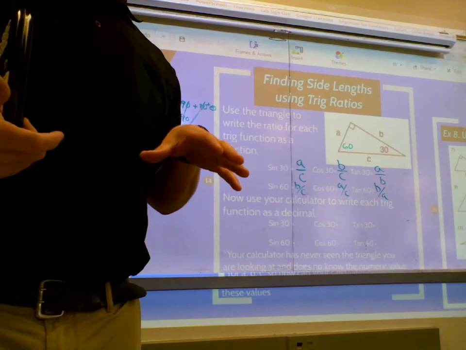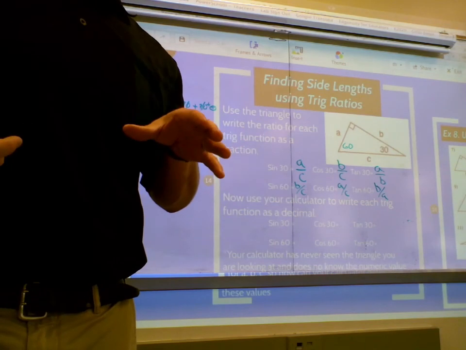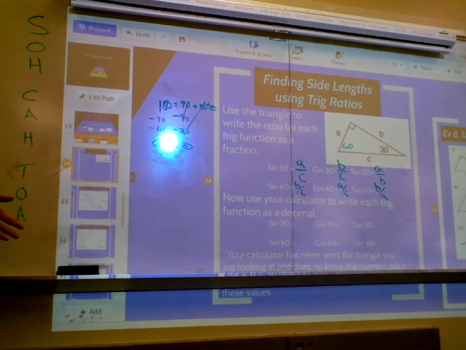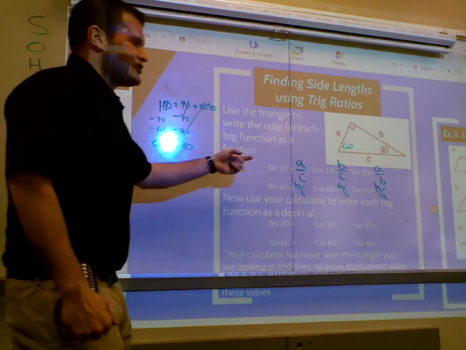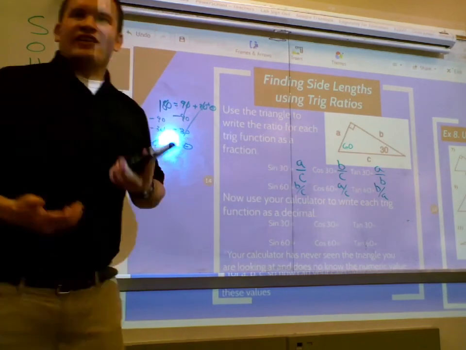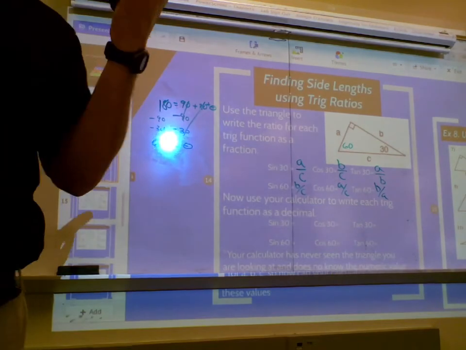Wasn't that the punchline of the activity that took a whole hour, where you tried to figure it out on your own? If the ratio was the same, that meant the angle was the same. Well, your calculator has all those ratios stored in here.